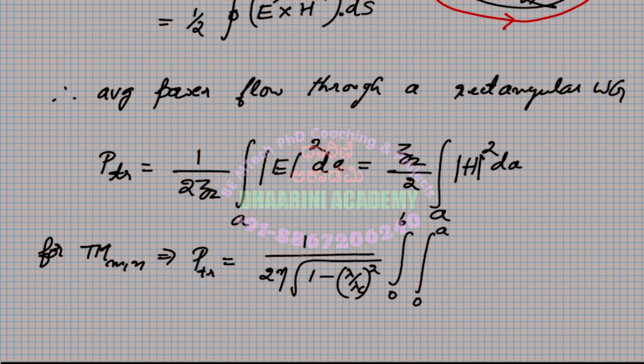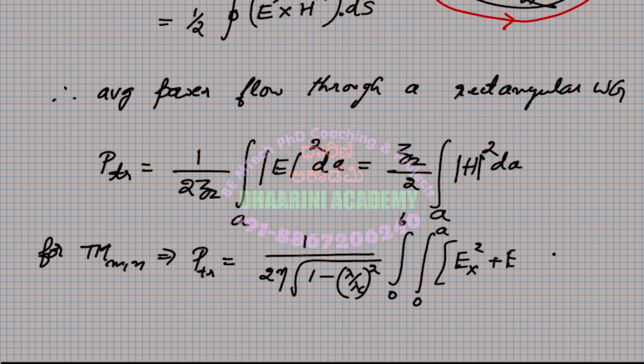Then you take magnitude, the E is nothing but Ex square plus Ey square, because Ex and Ey we know, right?